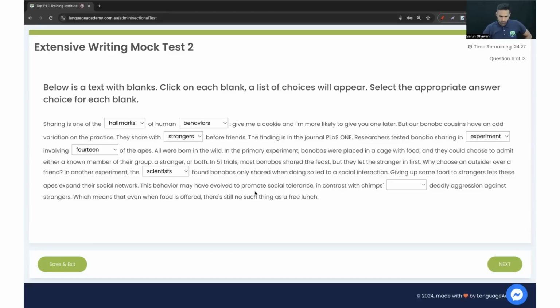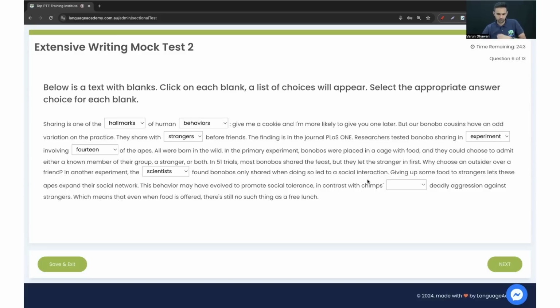This behavior may have evolved to promote social tolerance in contrast with chimps' dash deadly aggression against strangers. So in contrast, this behavior helps to promote social tolerance. In contrast means but chimps' dash deadly aggression against strangers, which means that even when food is offered, there's no such thing as a free lunch.